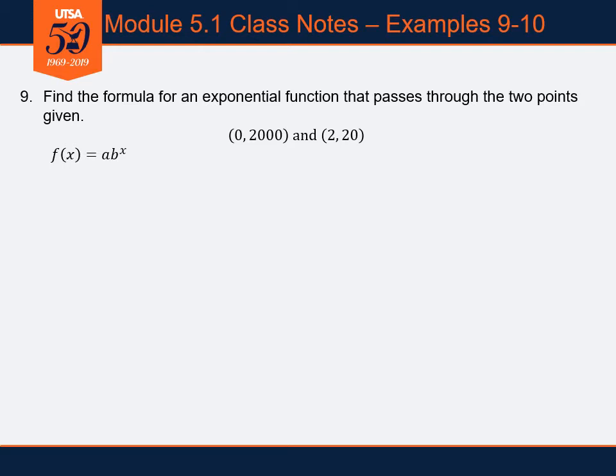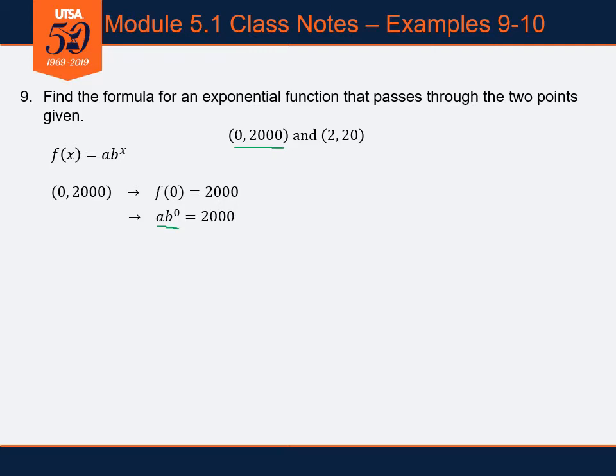So let's consider the information we have and what we can say from this form of the function. First of all, we've got the point (0, 2000). In other words, when x is 0, y is 2000. When my input is 0, my output is 2000. One way of mathematically working through what that tells us is, when I replace x by 0 here, that will be equal to my output of 2000.